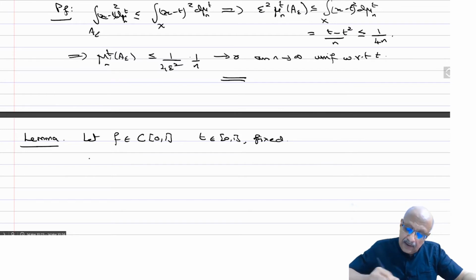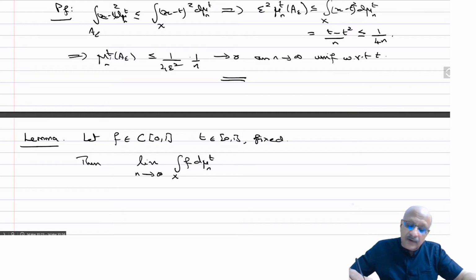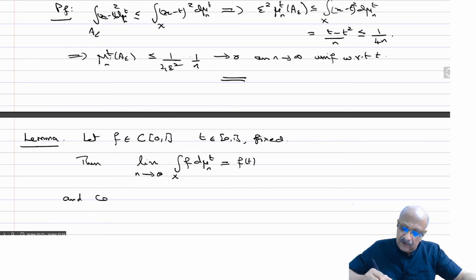Then limit n tending to infinity of integral f d mu nt over X equals f of t, and convergence is uniform with respect to t.